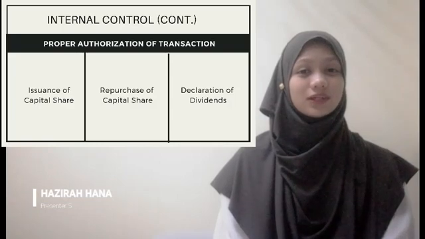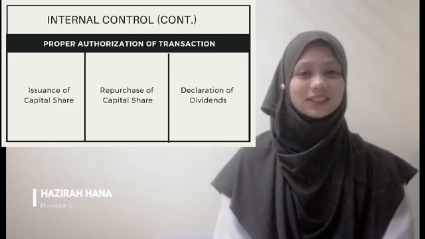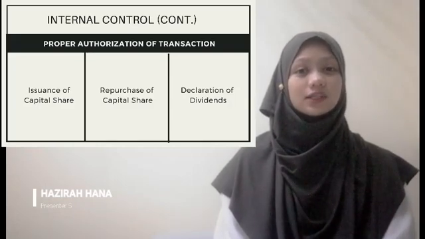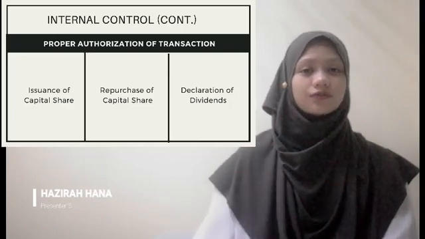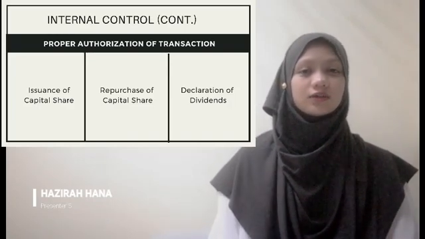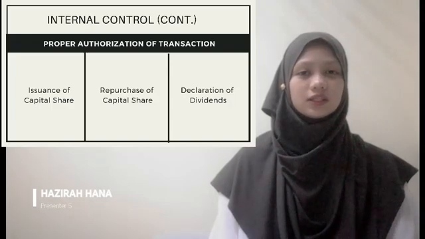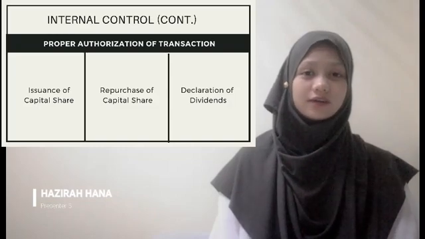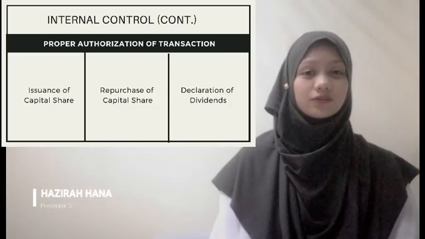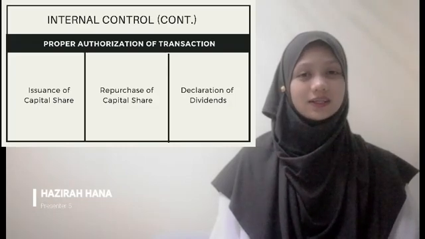The first one is issuance of capital shares, the second one is repurchase of capital shares, and the third one is declaration of dividends. For issuance of capital shares, the authorization includes the type of equity to issue, the number of shares, par value of shares, privilege conditions for each share, and the date and time.